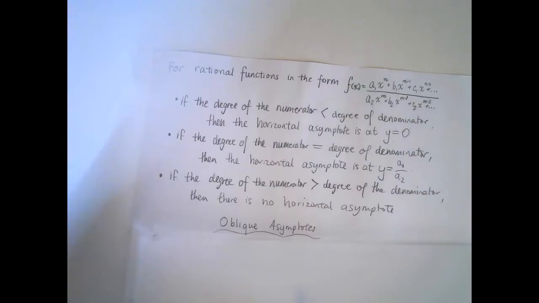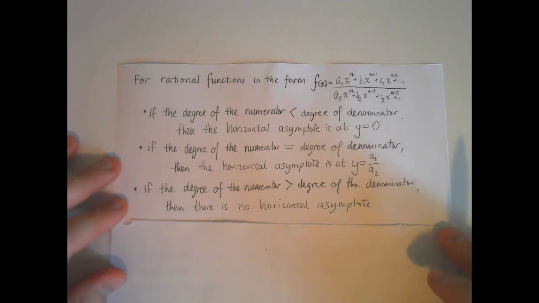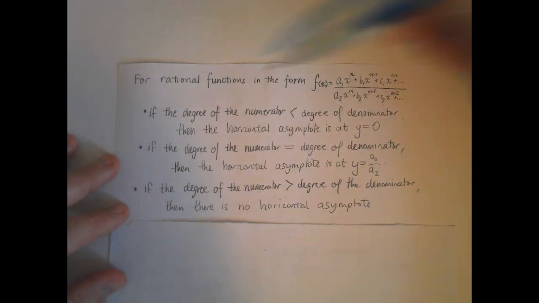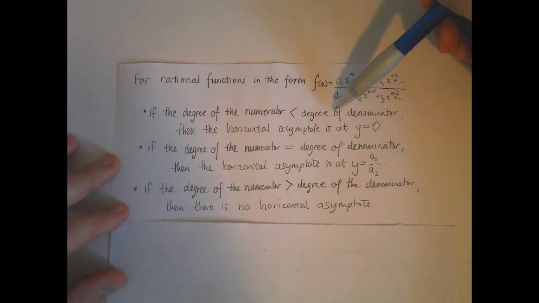And this hopefully corresponds with what you already know about horizontal asymptotes from advanced functions. If you have a rational function in standard form, decreasing in terms of degree of the numerator and decreasing in terms of degree of the denominator, we look at the relationship between the degree of the numerator and the degree of the denominator.